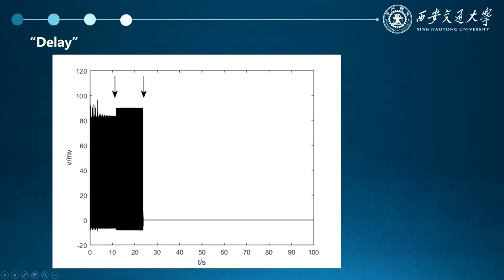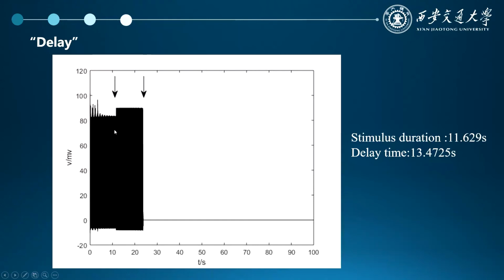The keyword of this research is delay. Let's get to know what delay is. Here is a time history diagram of neural membrane potential. The first arrow means the moment the external stimulus stopped. The external stimulus has been in existence from the beginning.